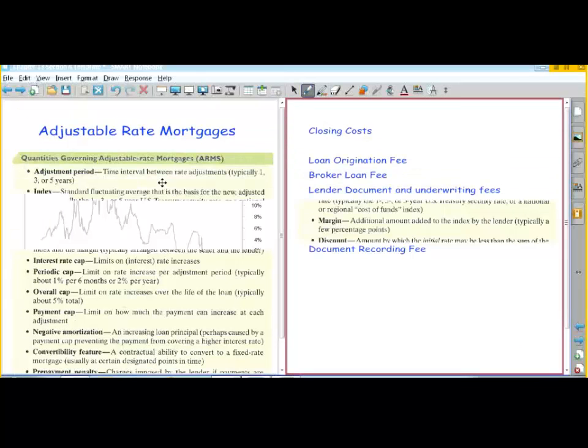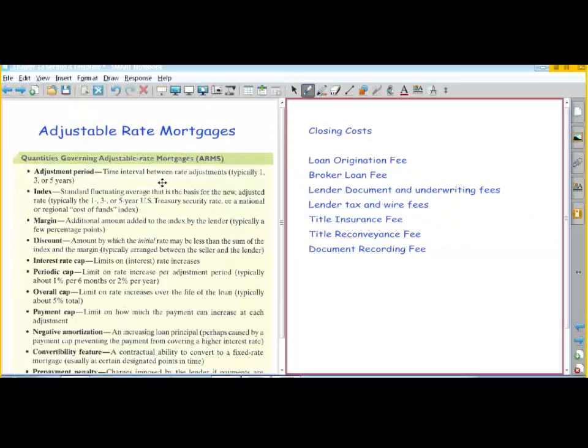Okay, so now that we kind of know how to come up with the monthly payment from the loan standpoint, when you buy a house, there are a few major costs. One is the closing costs. The closing costs are the fees you have to pay to buy the house, and they can add up to a reasonable sum.